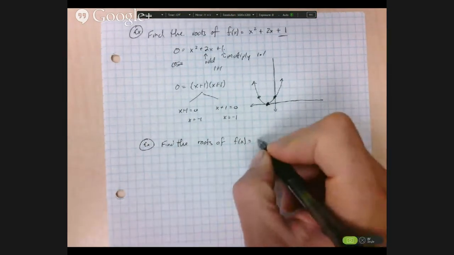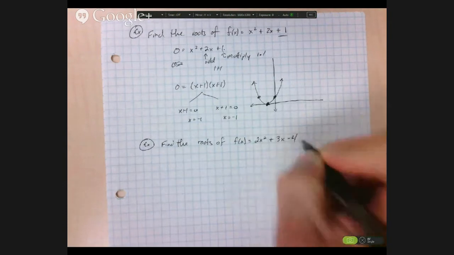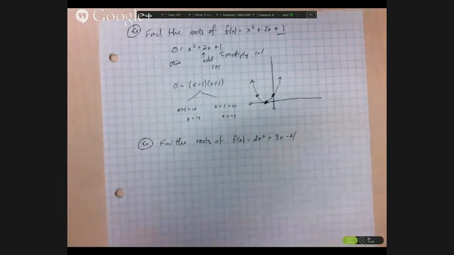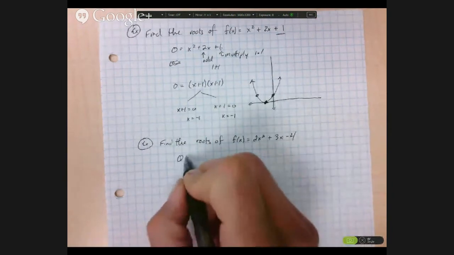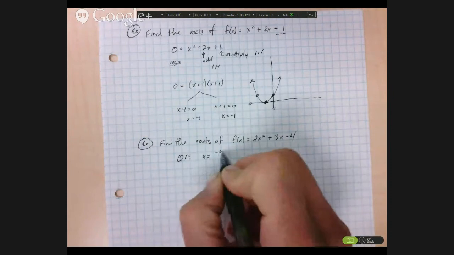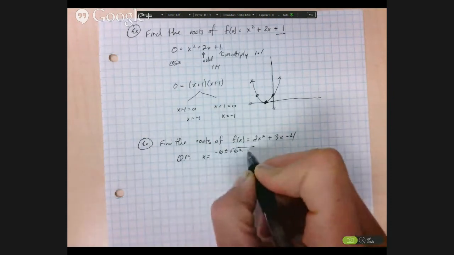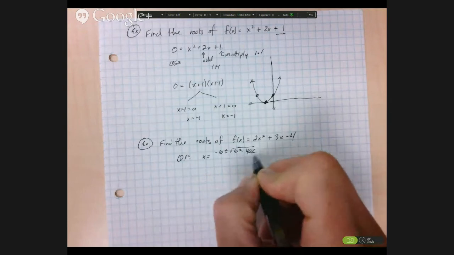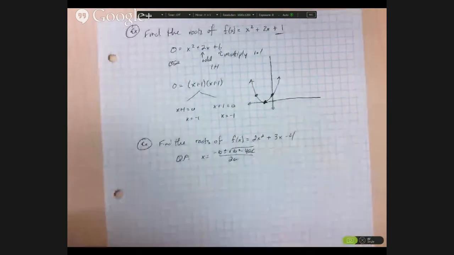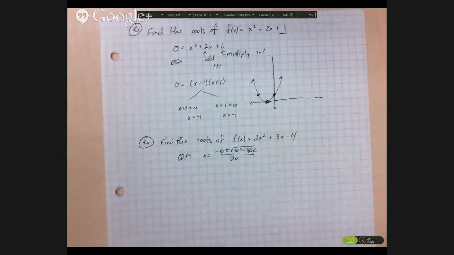Let's see, 2x squared plus 3x minus 4. All right, I'm just going to show you the quadratic formula here. Negative b plus or minus the square root of b squared minus 4ac all over 2a.